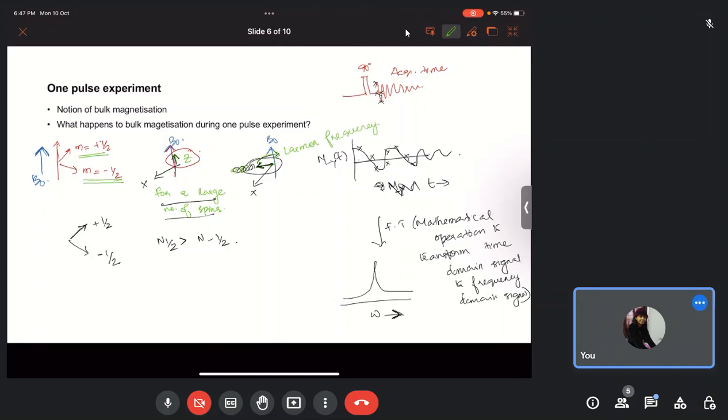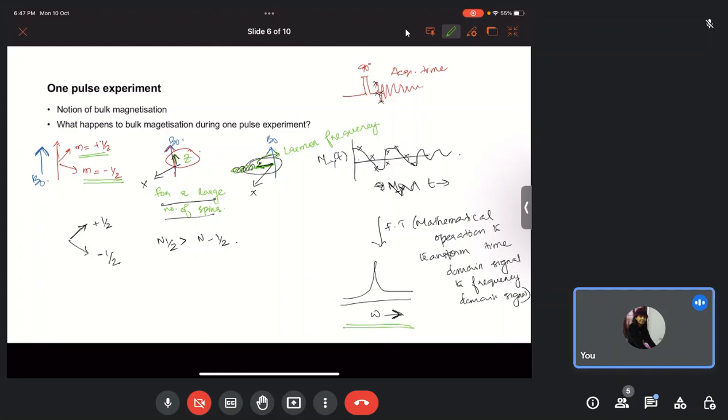What these coils will do is detect the magnitude of magnetization along that particular direction at different time points, which will give us a time domain spectrum, and this time domain spectrum will be Fourier transformed to get the frequency domain spectrum, which will give us the NMR spectrum that we see.